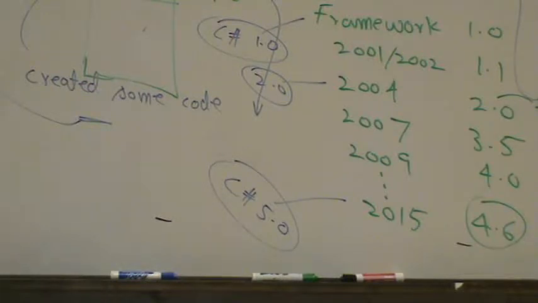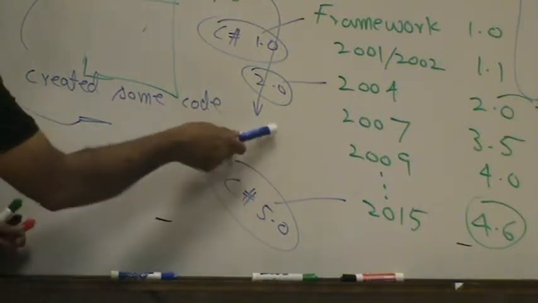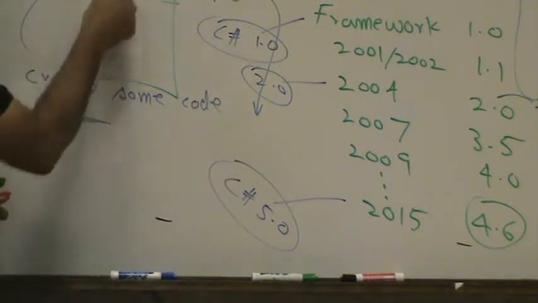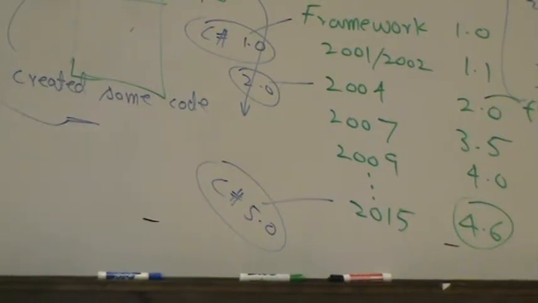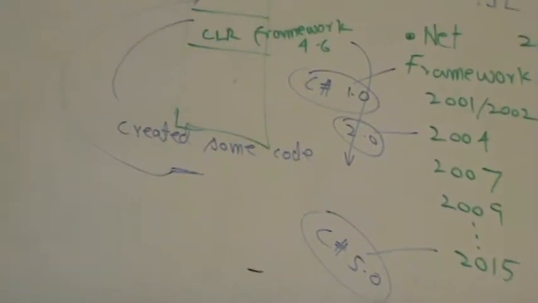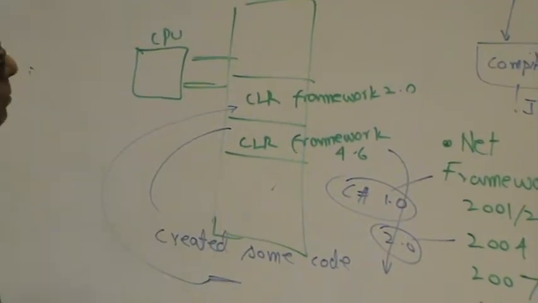So gradually I'll introduce those features. Compared to Java, where changes do not occur for another 5 years or so, here changes keep occurring, and they don't have to worry about backward compatibility because multiple frameworks can exist in the memory at the same time. Anyway, that was the big picture.